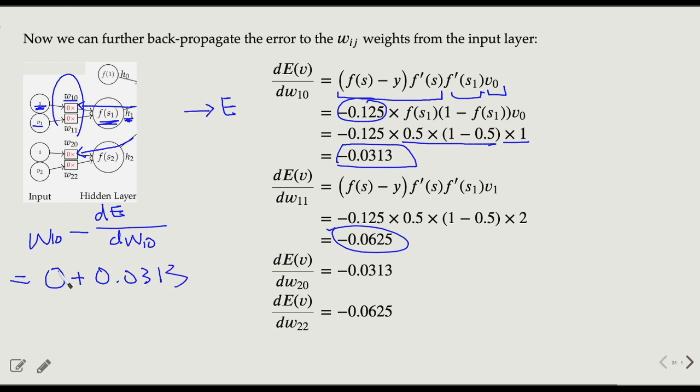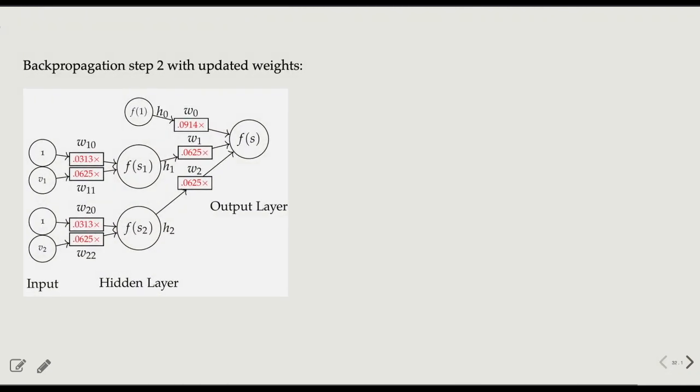We can do the same thing for the weights here. So with backpropagation, we can update all the weights for each training instance given the error. This is the set of weights that we have obtained after the first training instance.